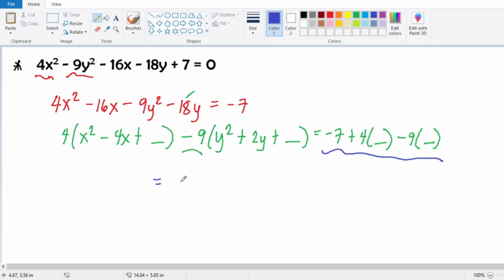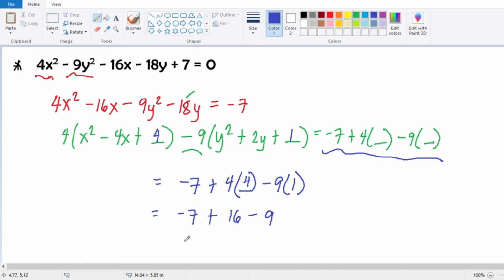So you have negative 7 plus 4 times the missing number here is 4. So times 4. Dito naman the missing number is 1. So minus 9 times 1. Okay, so you have negative 7 plus 16 minus 9. Oh, there you have their 0 as your right side of the equation.